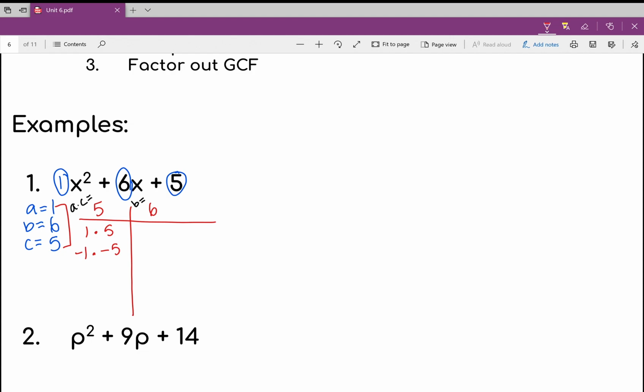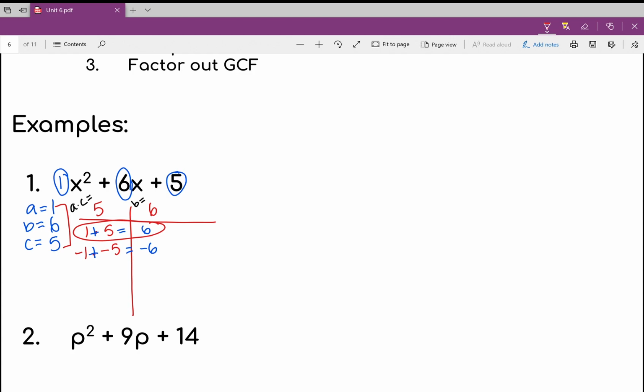Now we're going to add them across. 1 plus 5 equals 6, and negative 1 plus negative 5 equals negative 6. We need to find the pair that gives us the same value as B, and that is 1 and 5, which add to 6. So that's our first step.